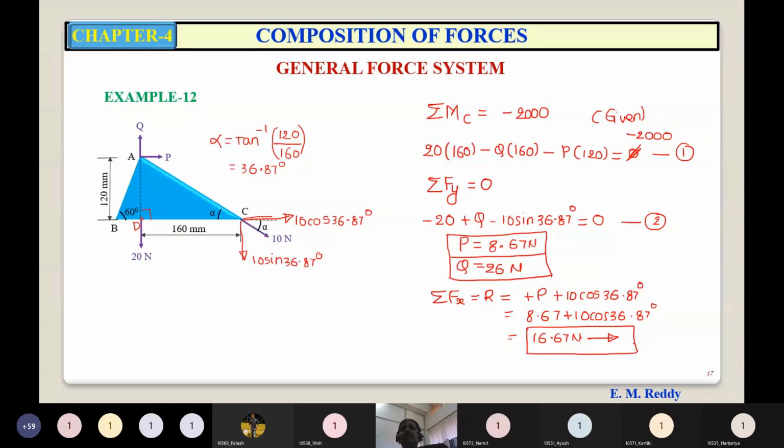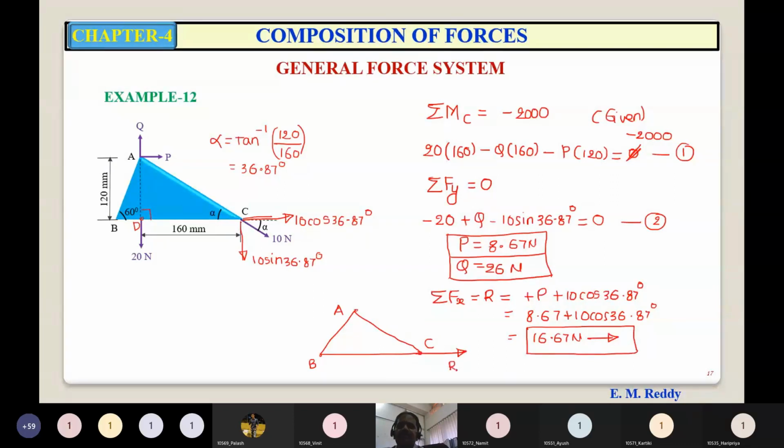Now you have to find the point of application, where it is acting. So how do you find that? Moment divided by force. So now we are converting the given system into a simple system with one force and one moment at point C. What is that one force?